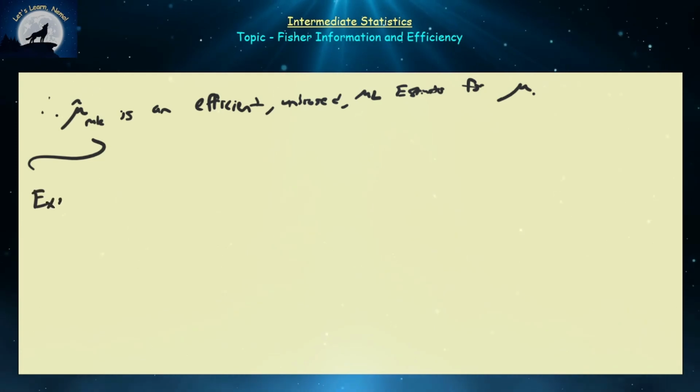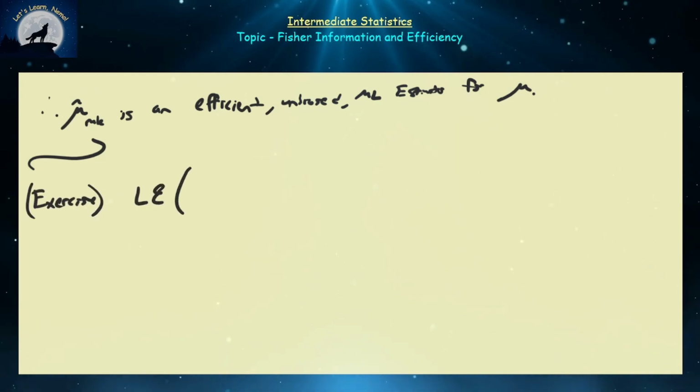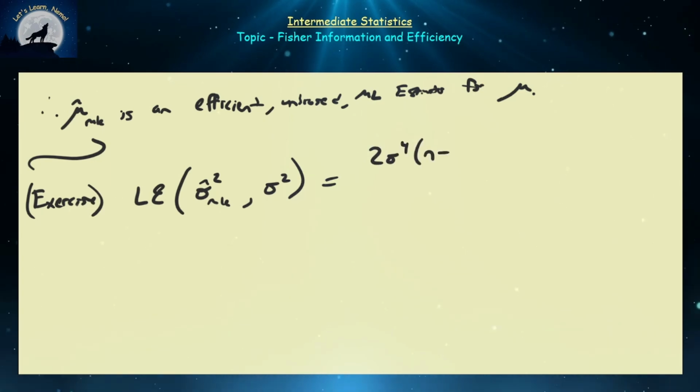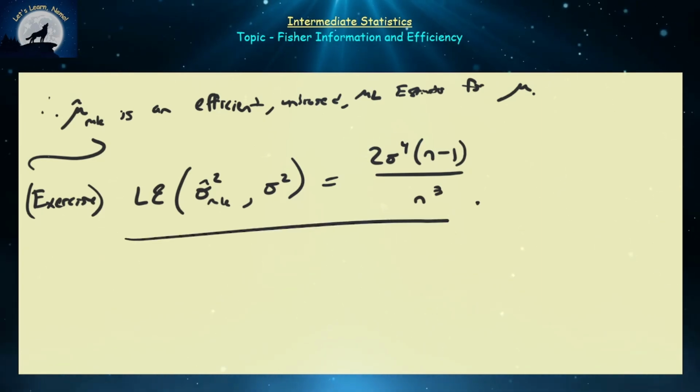But I do leave to you as an exercise to try on your own: the variance of sigma hat squared MLE for sigma squared of a normal distribution is going to be equal to 2 sigma to the power of 4 times (n minus 1) all over n cubed. Now, I leave you to explore on your own, is this an asymptotically efficient estimator? I'll leave that for you.